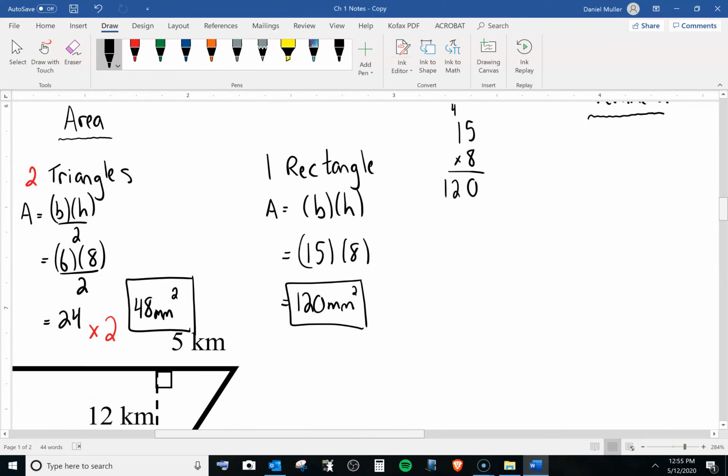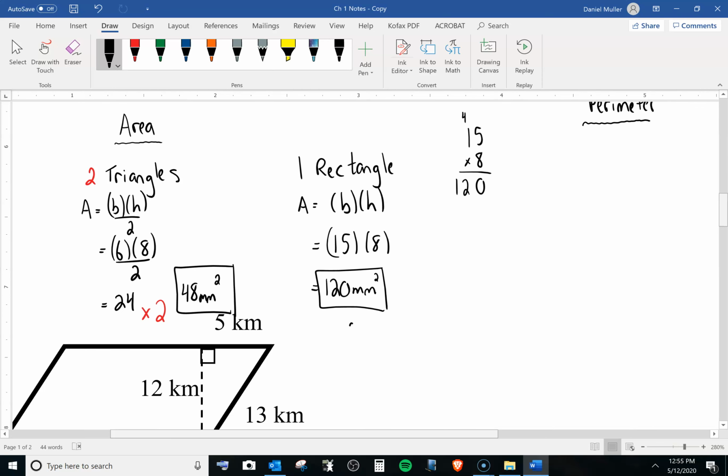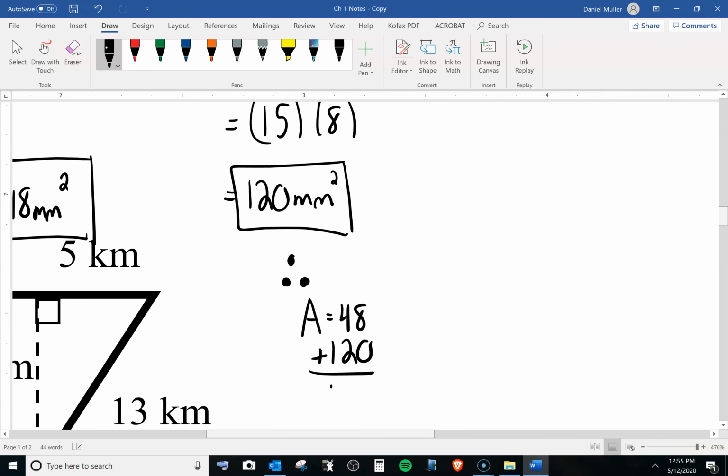I like to write a little therefore. I'm just trying to find a good spot for it. So therefore, area is equal to 48 plus 120, which is going to be 168 millimeters squared.